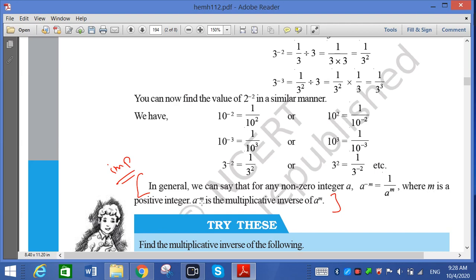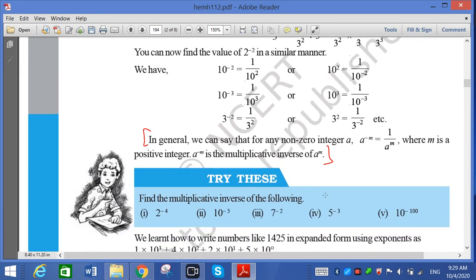Remember that a to the power minus m is the multiplicative inverse of a to the power m. So if I write a to the power m and want the multiplicative inverse, I have to write 1 upon a to the power m. You have to remember this point because it may be asked in the exam.